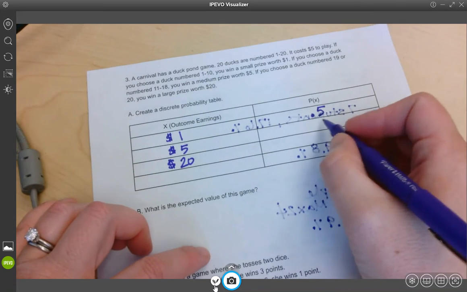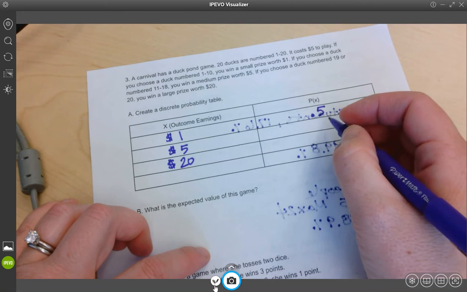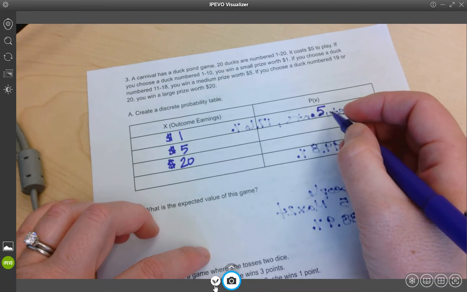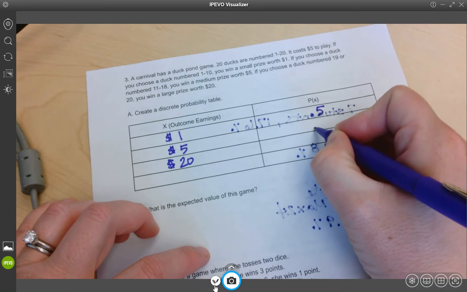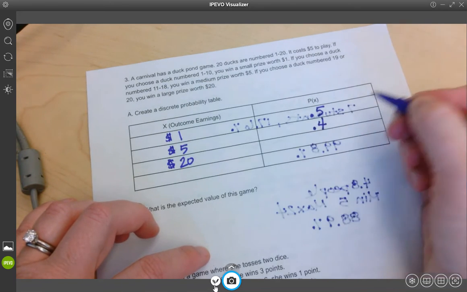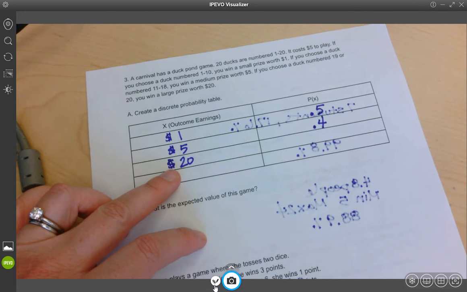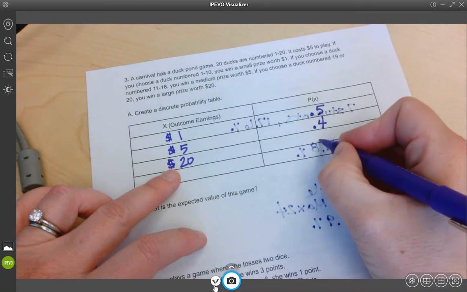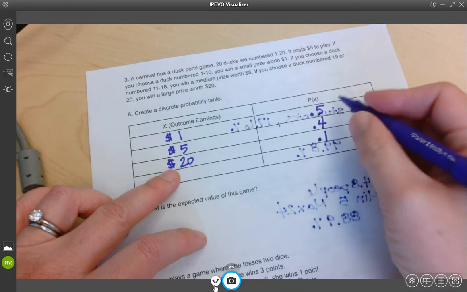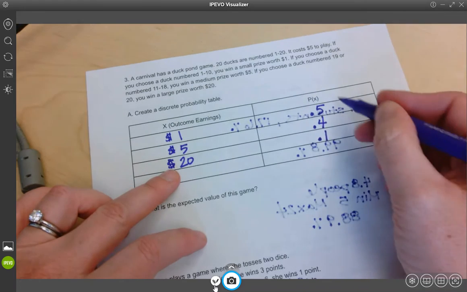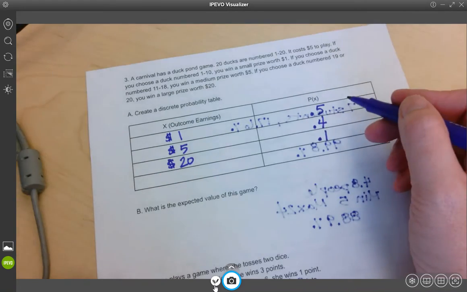So 8 out of 20 gives us what percent? It's 40, right? Okay. So that's going to be 0.4. All right, and then how many ducks could win you $20? 2 out of 20, which is 0.1. Now, just as a check, your probabilities should add up to 1 or 100%, and they do. So that's good.